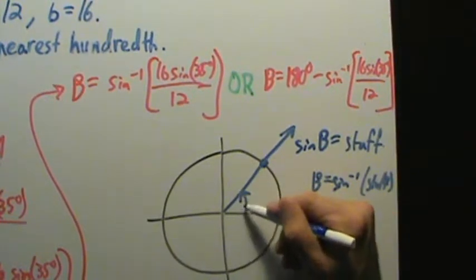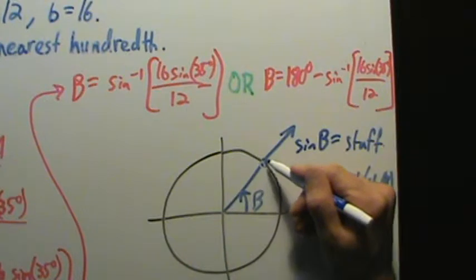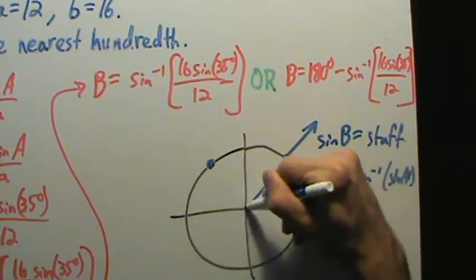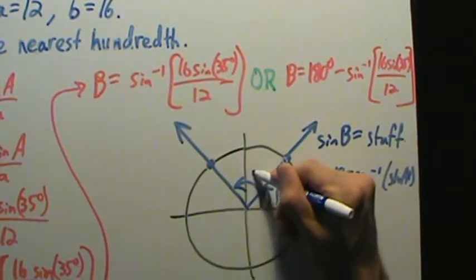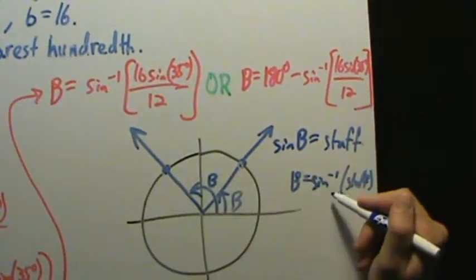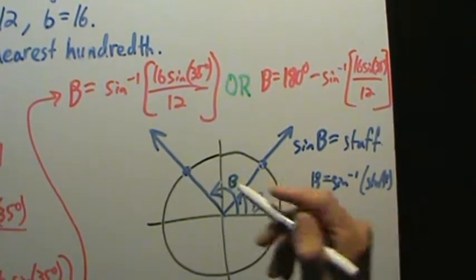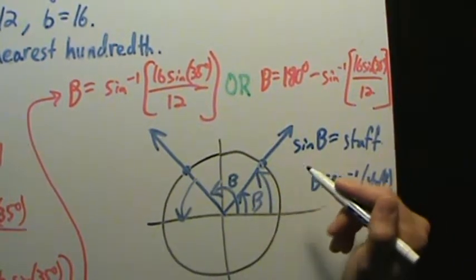and when we take the sine of an angle, if this is our angle B, the sine of B is the y-coordinate of this point here. But this point over here, also on the unit circle, has the same y-coordinate. So this could also be angle B over here. But the inverse sine only gives us this one. So how do we get this one here? Well, notice this angle and this angle are exactly the same because of symmetry.